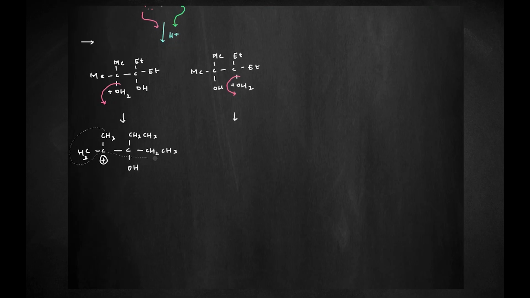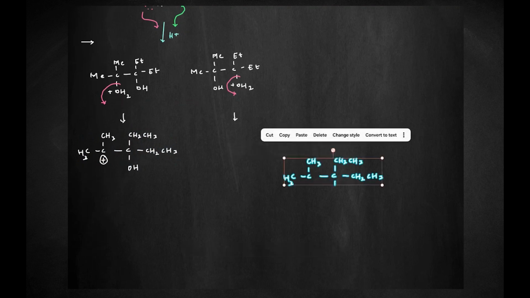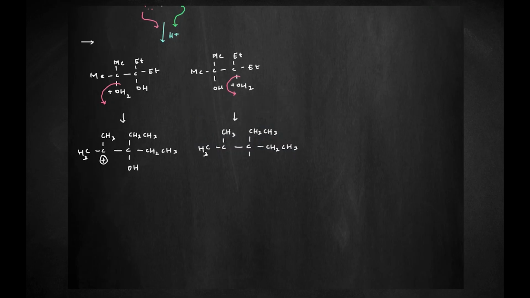Okay, now look at here, in this case OH will be here and carbocation will be formed here. Now we know how to find out the stability. Number one is the resonance, then we check hyperconjugation, and then we check inductive effect. So here there is no resonance, so what we have to check is the hyperconjugation. Look at here, the number of alpha H here.